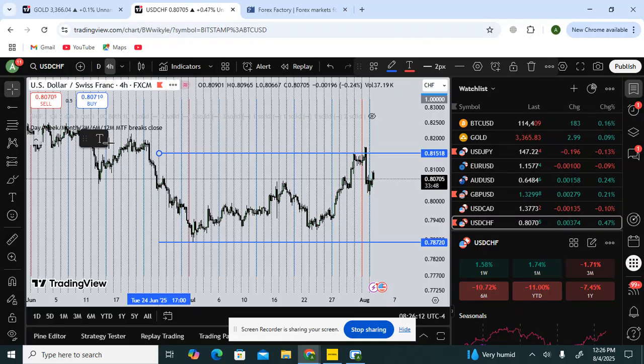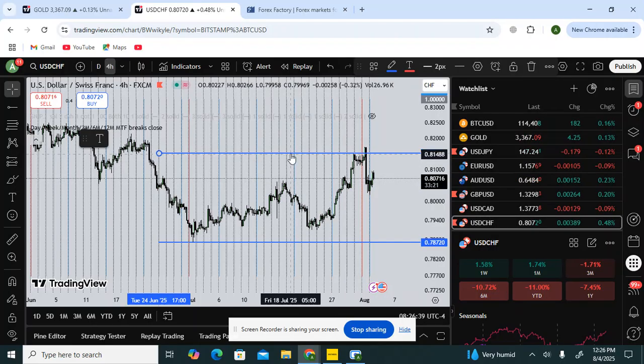And price always does three things: breakout, pull back, and reverse. And it broke out again, and it pulled back, and it reversed again. So on this scenario, this is a breakout.